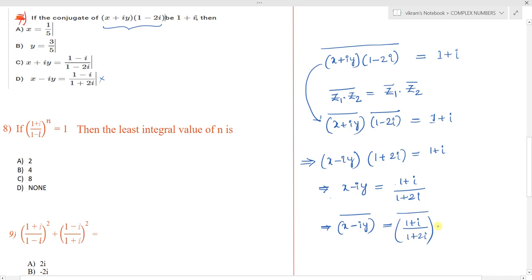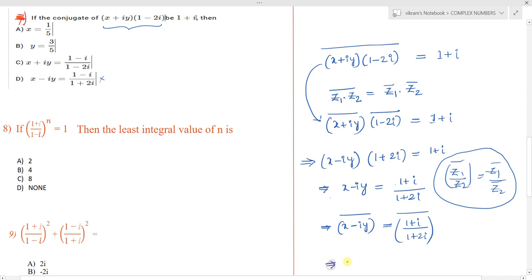Again we have a property. What is the property? The conjugate of z1 by z2 equals z1 conjugate by z2 conjugate. This is the property we learned for the conjugate of a complex number.